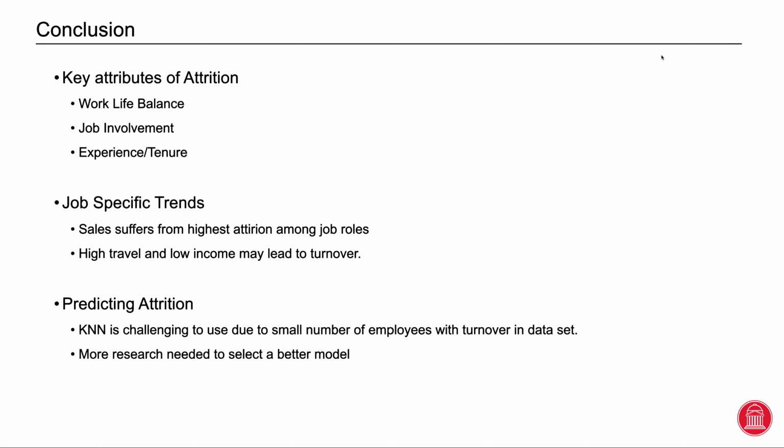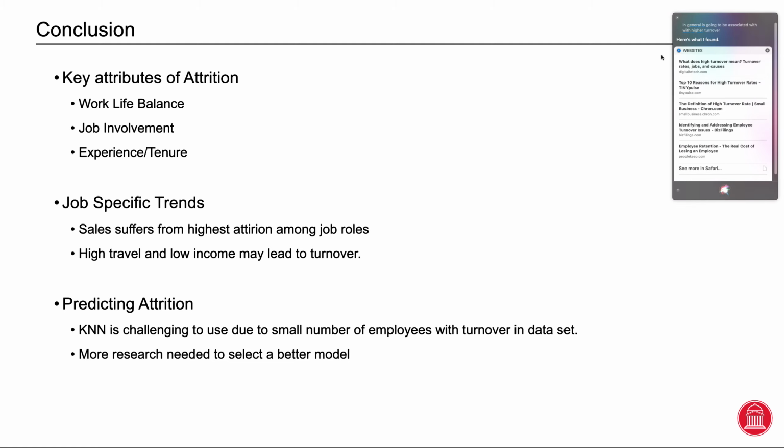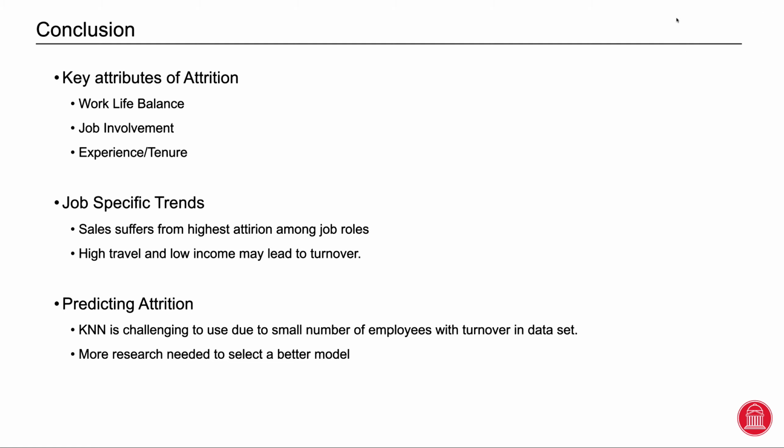Again, just to wrap up this presentation, we looked at some key attributes of attrition and found that work-life balance, job involvement, and experience and tenure in general are going to be associated with higher turnover. For the job-specific trends, sales seems to suffer from the highest attrition among job roles.